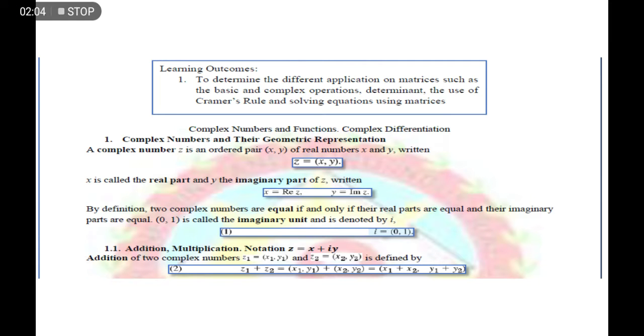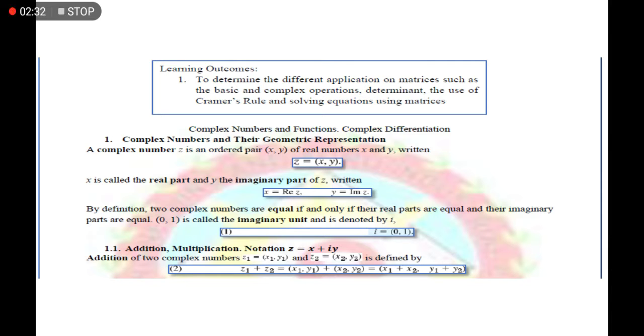We have here the complex numbers and their geometric representation. In this topic, we are representing the components of the complex number with x and y components. x is the real number and y is the imaginary number.